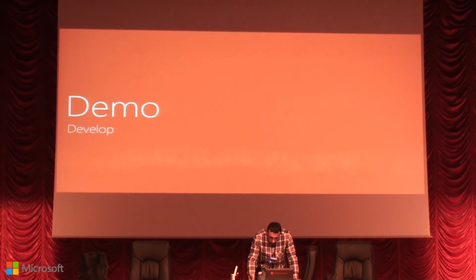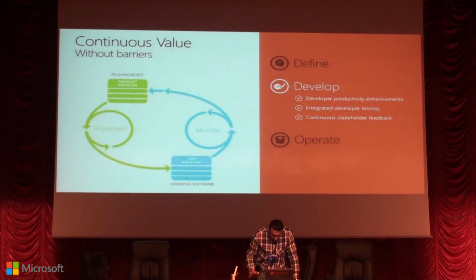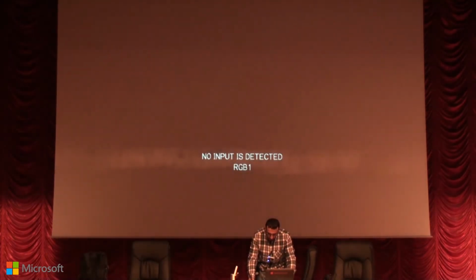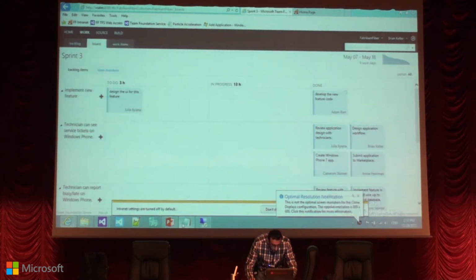Okay, so I believe we covered developer productivity and integrated testing, continuous stakeholder. Oh, okay. So we missed one feature. Let's get back to the demo.